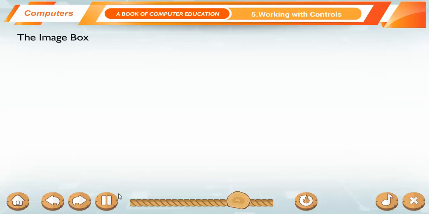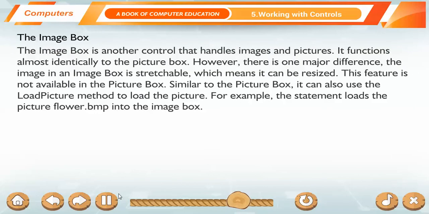The image box. The image box is another control that handles images and pictures. It functions almost identically to the picture box. However, there is one major difference. The image in an image box is stretchable, which means it can be resized. This feature is not available in the picture box. Similar to the picture box, it can also use the LoadPicture method to load the picture.